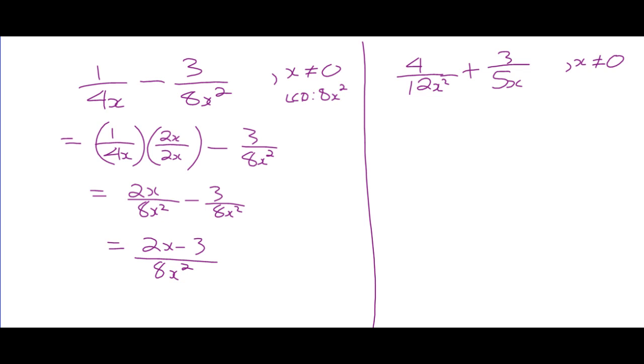So now figure out what is the lowest common denominator. Then you say, okay, what do I have to do to this expression to get 60x squared on the bottom? Multiply by 5.